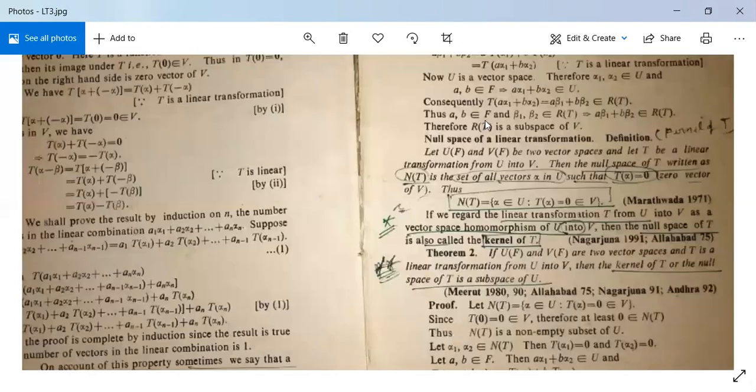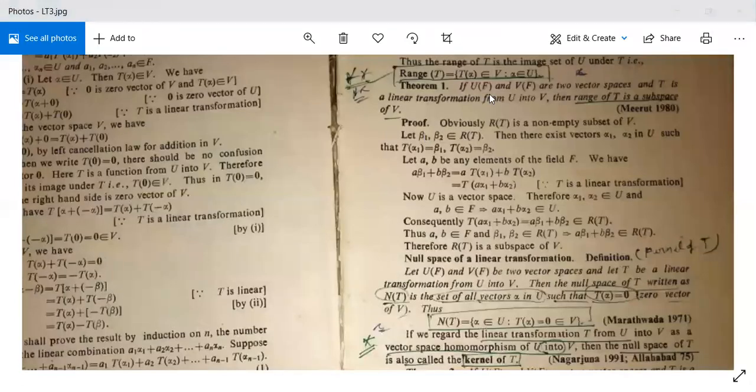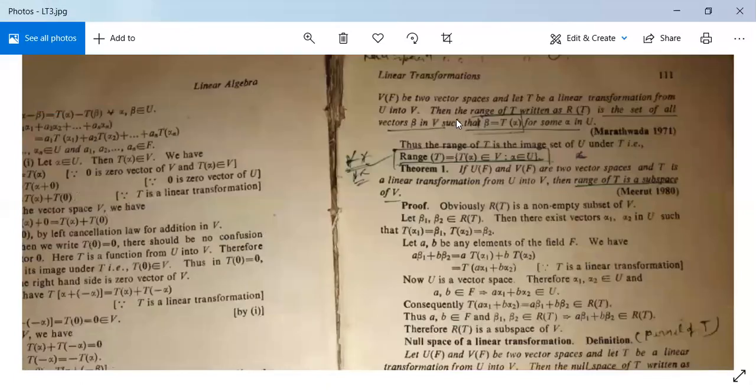Let U(F) and V(F) be two vector spaces over the field F, and T is a linear transformation from U into V. Then the range of T, we write it as R(T), is the set of all vectors β such that β = Tα for some α in U. See here, R(T) is equal to the set containing all vectors Tα in V such that α belongs to U. All these Tα will be in V because T is a mapping from U into V. This is the definition of range T.